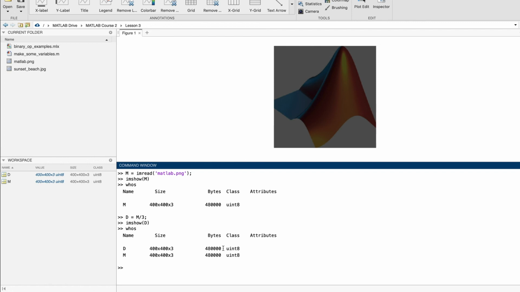That's because of MATLAB's rule that says that the type of the output of the arithmetic operation that produced D is the same as the type of its smallest operand. The two operands were M, which is a uint8, and 3, which is a double. So the result is a uint8.